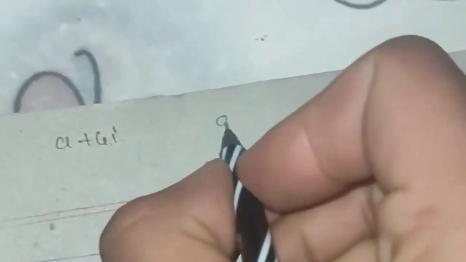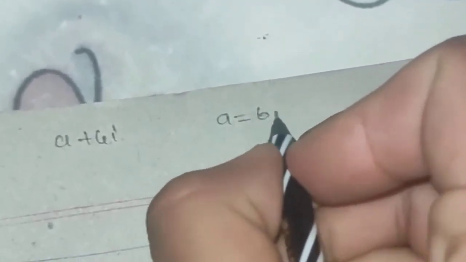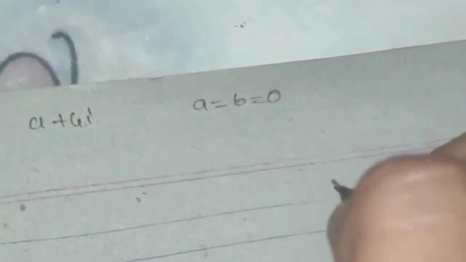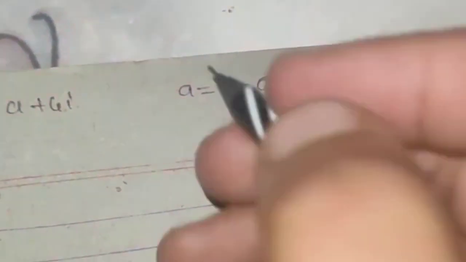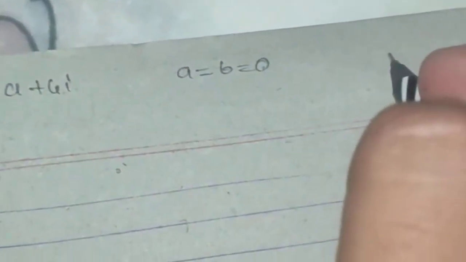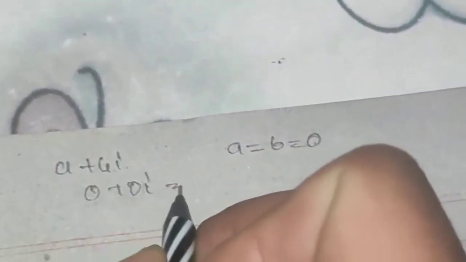Let's think, we have a complex number a plus bi. What if a equals b equals 0? Then we have 0 plus 0 iota. This 0 multiplied by anything, even infinity, will be 0. 0 plus 0 is also 0.